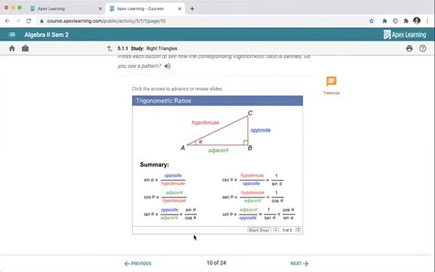That's a nifty, handy trick that we can use sometimes. Looking at this, there's a relationship: cosecant is just 1 over sine. Secant is 1 over cosine. And cotangent is, lo and behold, 1 over tangent.